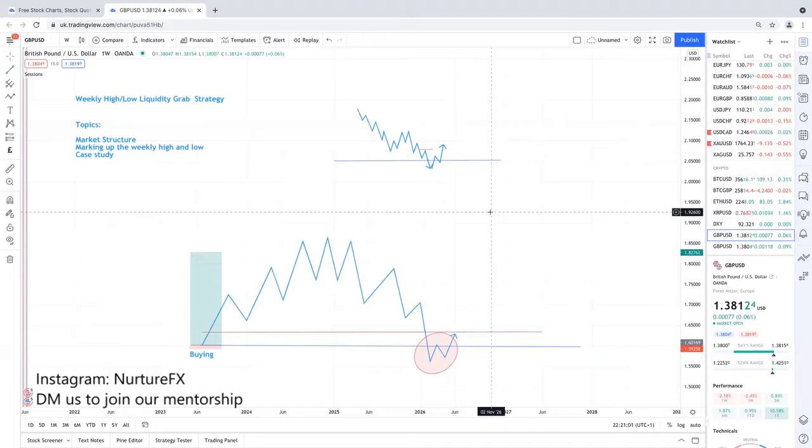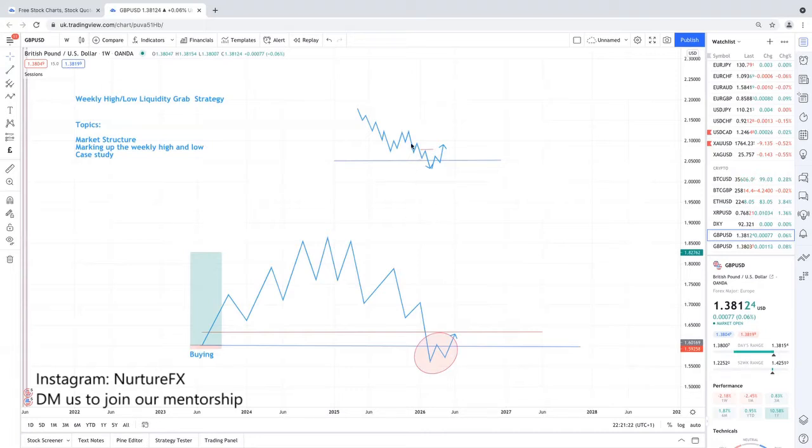You say, but market structure is going up, why has it shot down? That's again manipulation, the algorithm of the market needing to get rid of those buyers so that it can move up.